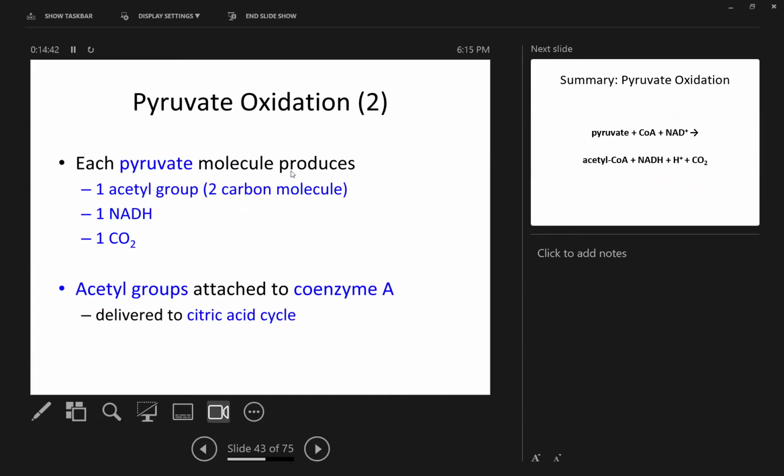So the recap of pyruvate oxidation, starting with the pyruvate molecule, and remember glucose, there would be 2 pyruvates, so everything happens twice. We remove a carbon and it leaves as CO2. So 1 molecule of CO2 per pyruvate or 2 per glucose is going to be produced from pyruvate oxidation.